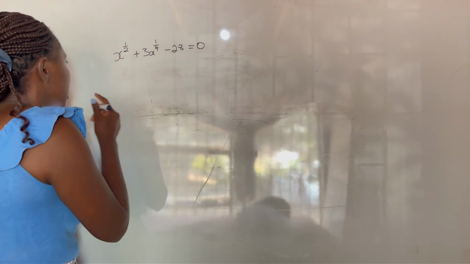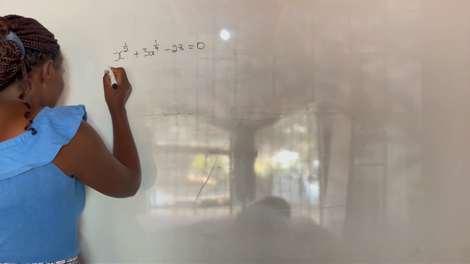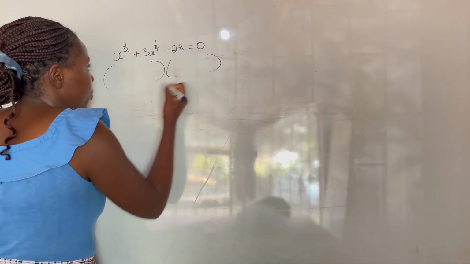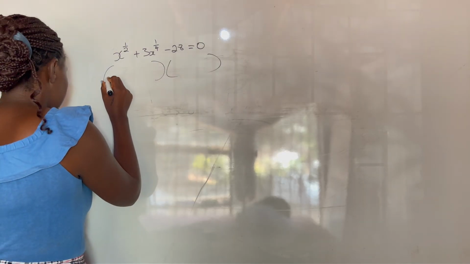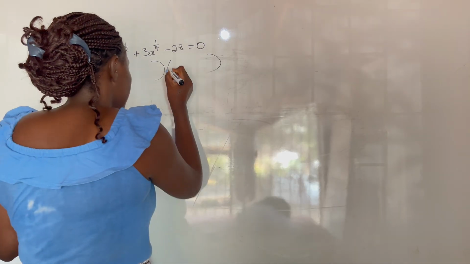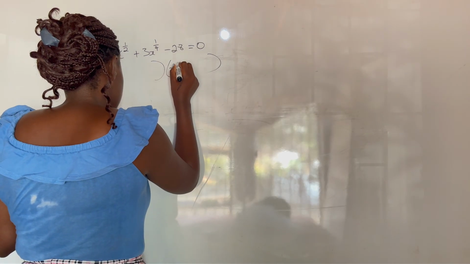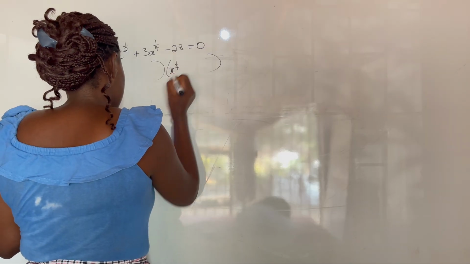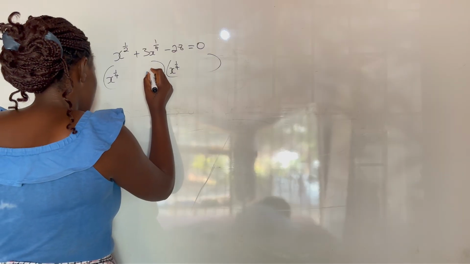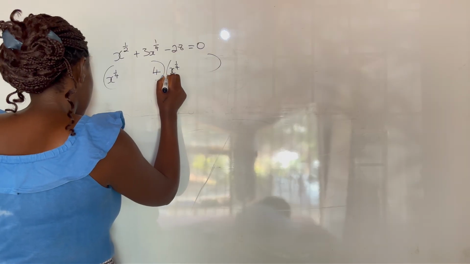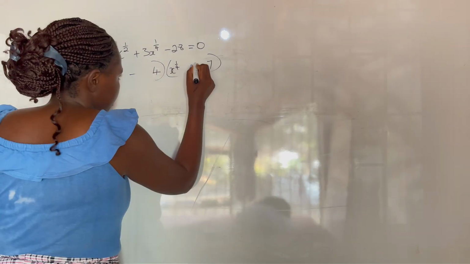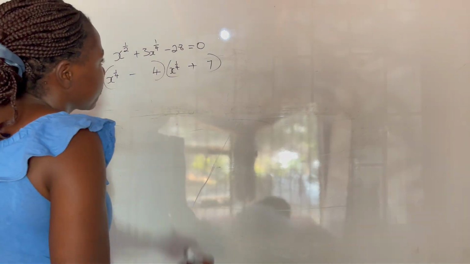So here we will introduce our 2 brackets, and here we will have our x^(1/4) and x^(1/4). Then on the first we're going to write 4 and 7, -4 and +7.